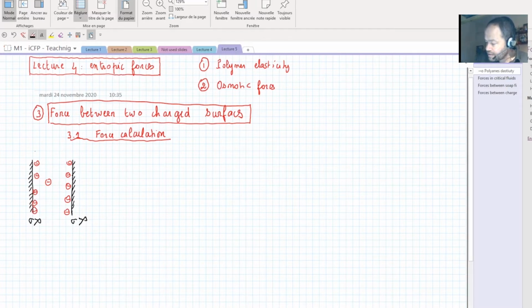So what we know is that if we want to calculate the force with respect to the distance between the two plates, what we expect is that if the distance is large compared to the Debye length, the force will be close to 0.